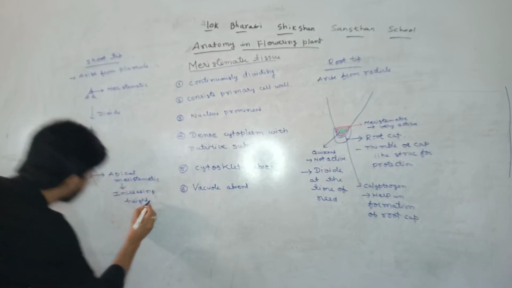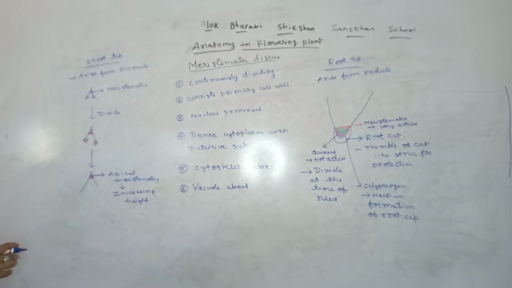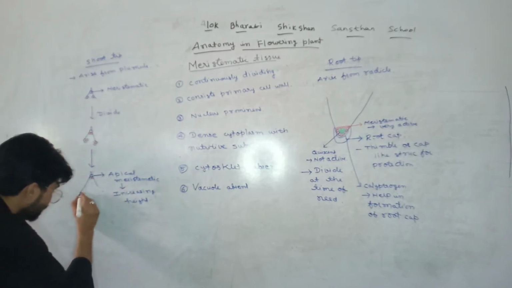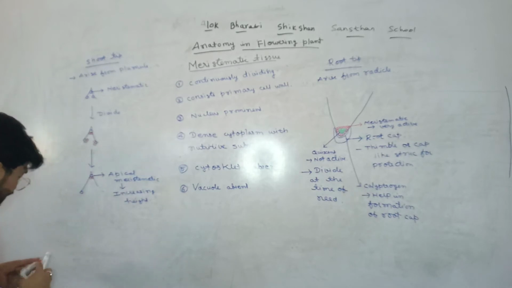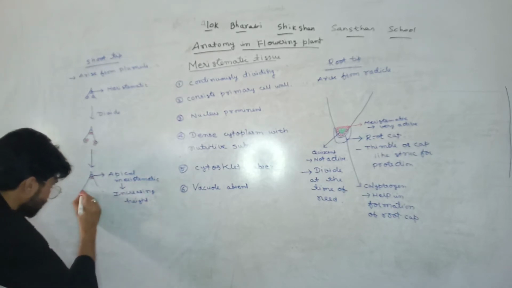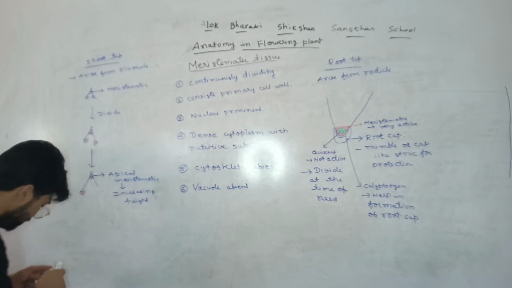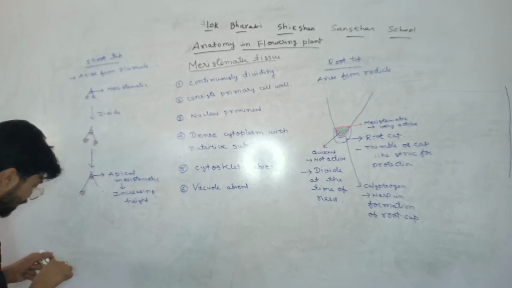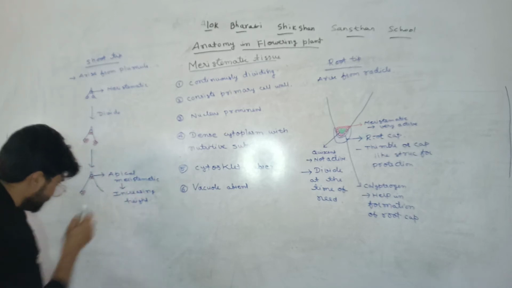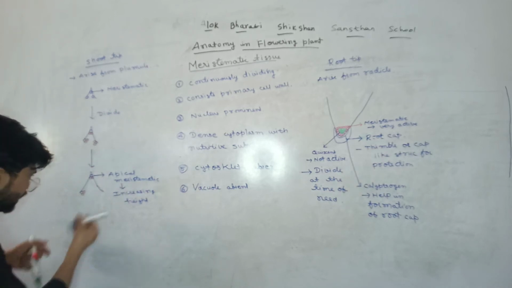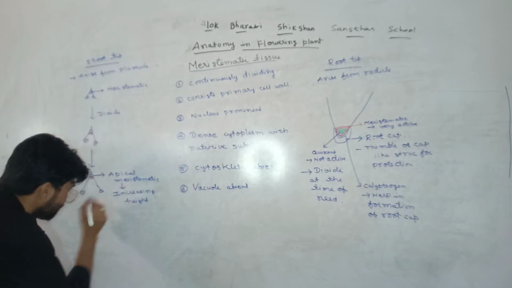After that, some tissue are separated and moved to the other side. So this tissue is known as intercalary meristematic tissue. So here you can see some tissue are present, and from here the leaf primordium will arise. So here I am drawing the picture of it.